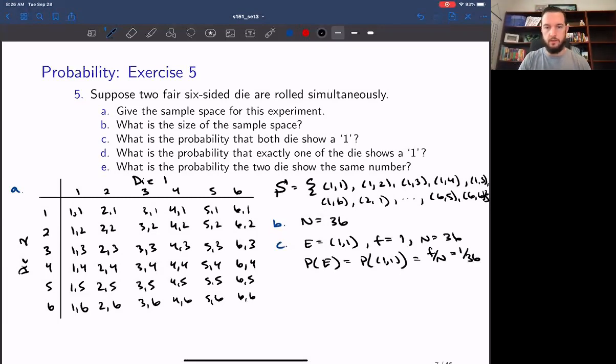I don't know what 1 over 36 is off the top of my head.